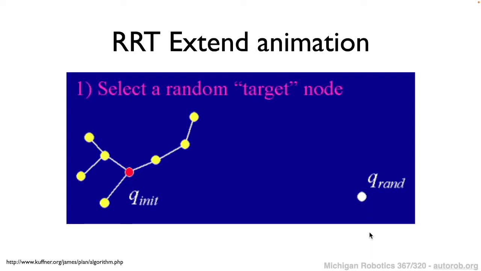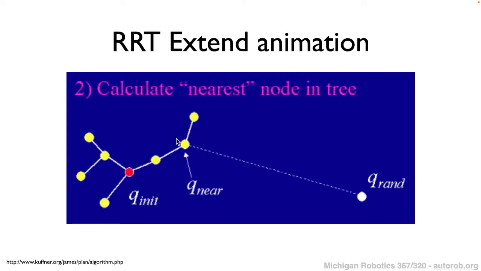We're then going to identify which point in the current tree is nearest to this q_rand. Based on our definition of distance, we'll identify q_near to be here. In this animation, we're using Euclidean distance, so just straight line distance.